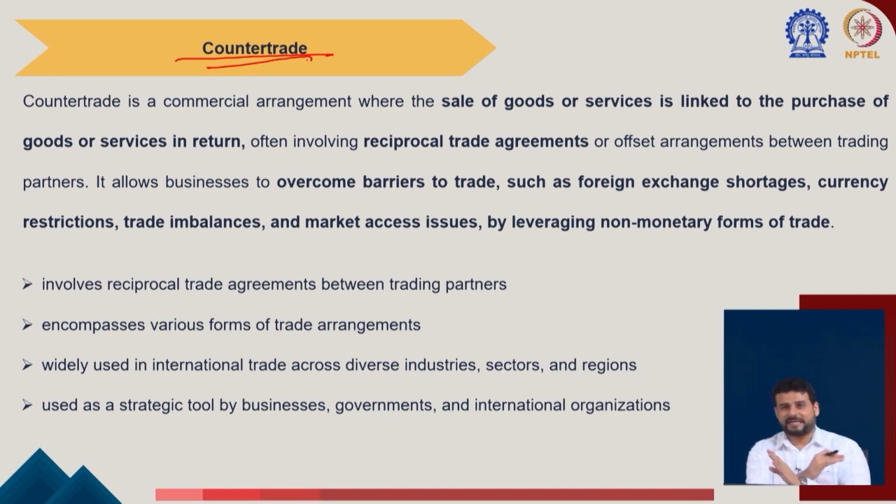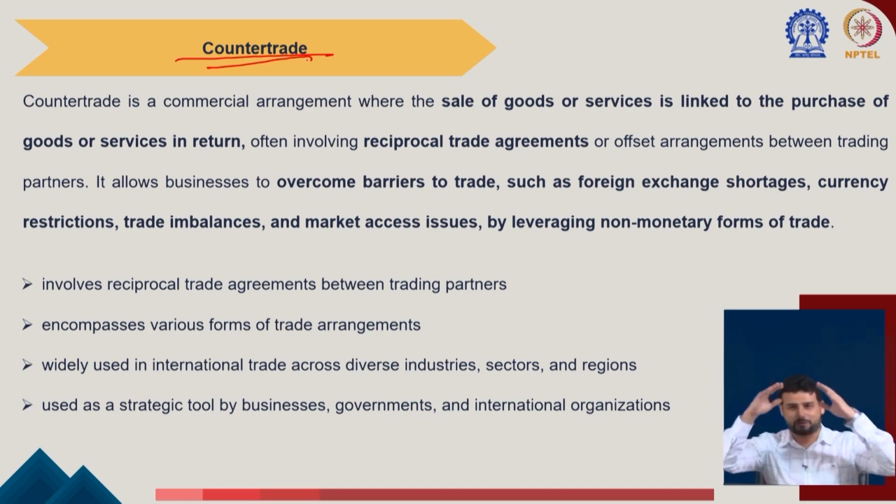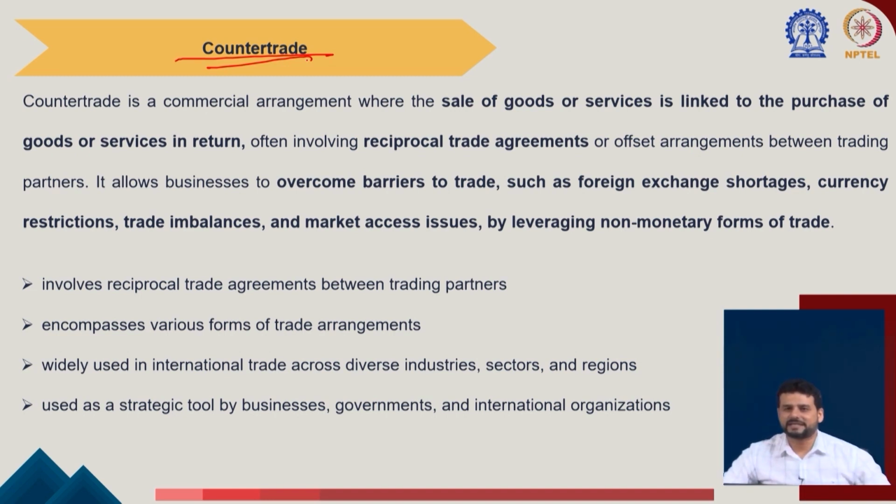That way we can remove all the intermediaries, all the documentation and exchange rates, all the stakeholders we talked about, currency transactions, banks, and the role of all those agents will be eliminated. In that way counter trade is preferred, right.